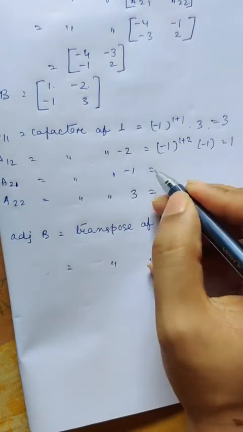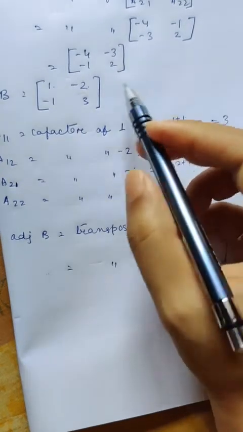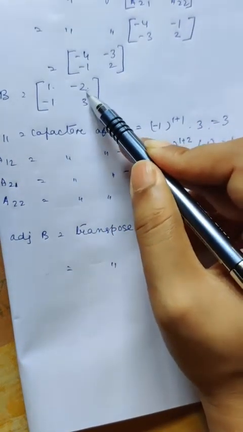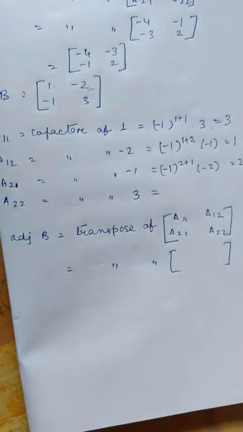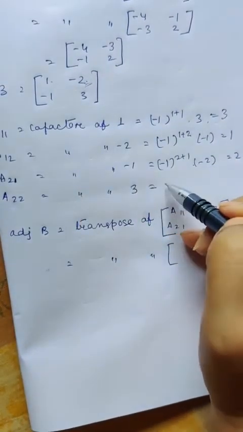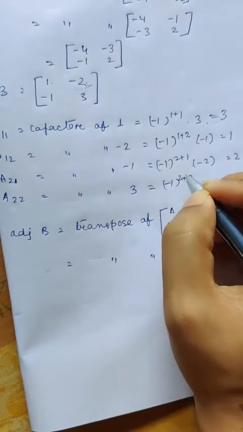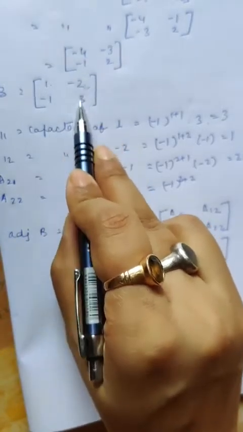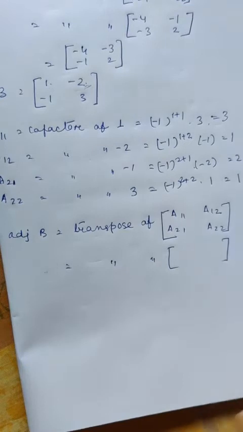For A21 we will have minus 1 to the power 2 plus 1, and second row, first column we have to eliminate, so we will have this minus 2, so 2. Now A22, the cofactor of 3, minus 1 to the power 2 plus 2, and we have to write here eliminating the second row, second column, so we will have this 1 into 1, so 1.